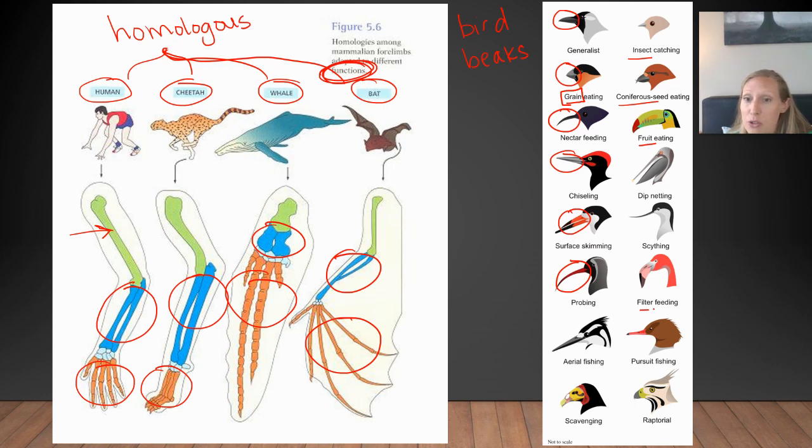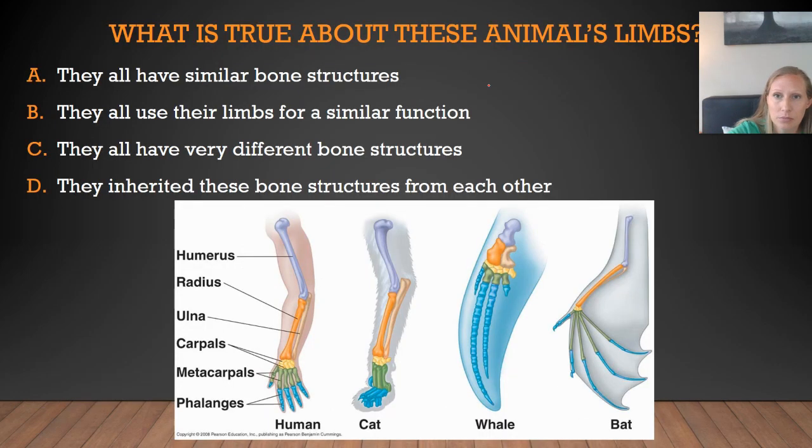Do they filter feed, like pick up water and filter out like krill and things like that, and shrimp and whatever? Are they a scavenger, like a vulture or something? Do they eat insects or nuts or whatever? So birds' beaks are homologous. They all inherited that beak from their ancestor bird species. The shape of the beak is slightly different because it's going to have a different function.